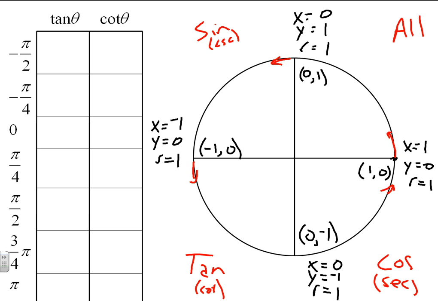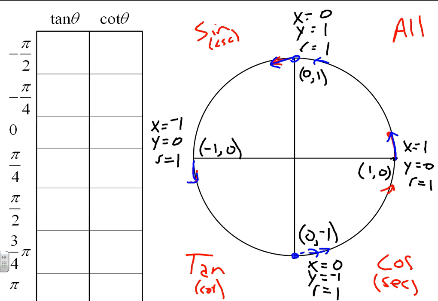Consider cosine. We tour through a positive quadrant, through a negative, through another negative, and finally through a positive. So it goes positive, negative, negative, positive. Again, we have to go the whole way around the circle till we repeat our positive cycle. If we start our positive cycle here, we're positive all the way around to here, and then we have a negative cycle starting back at this point.